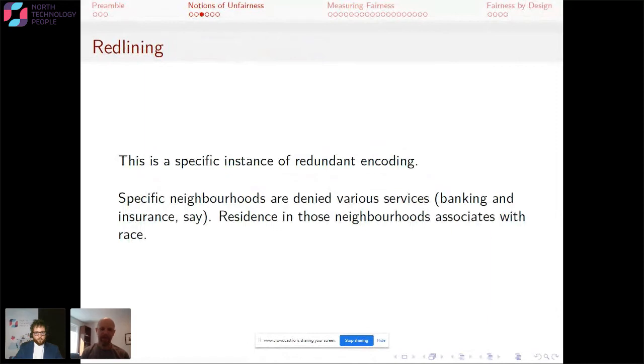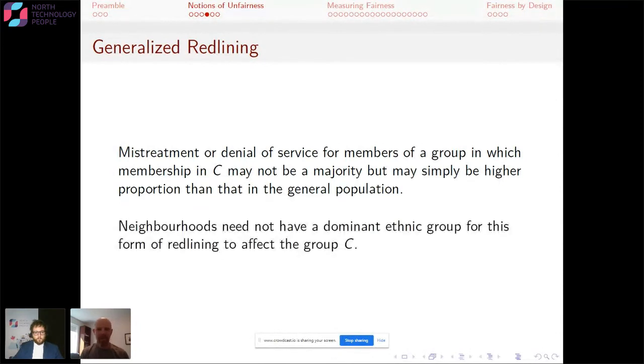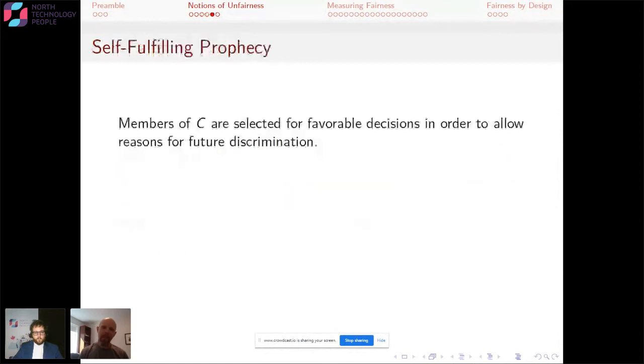The algorithms will pick up on those type of signals, and it doesn't even have to be the majority of the neighborhood being of a particular race. We can see that even happening when just the proportion of the particular race in a particular neighborhood is higher than what we'll see normally. That can still create bias and unfairness in the resulting algorithm.